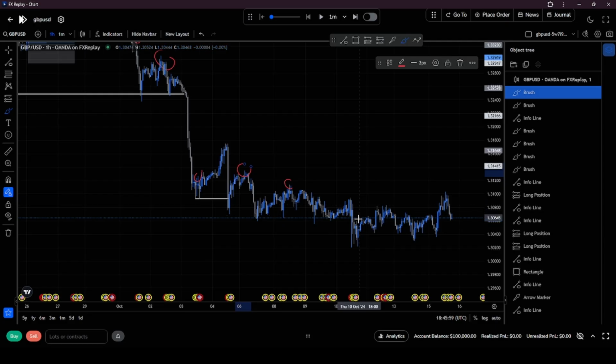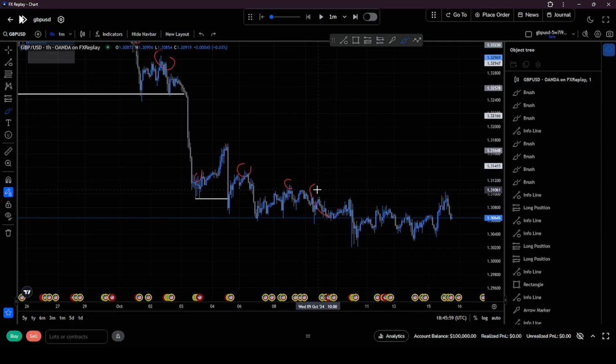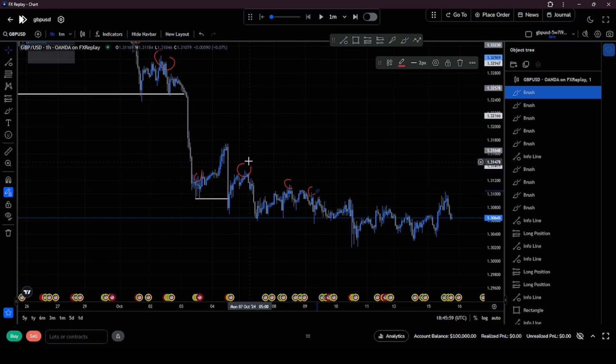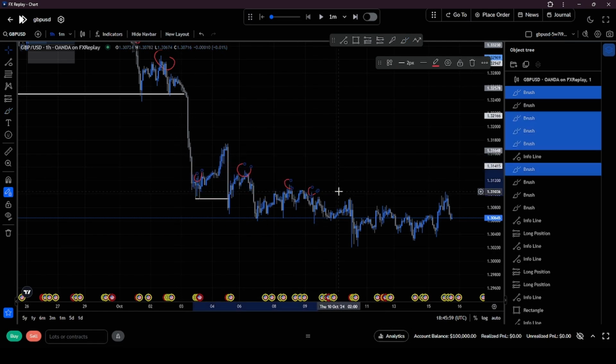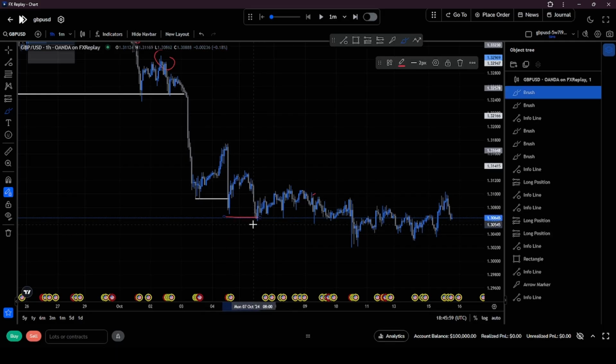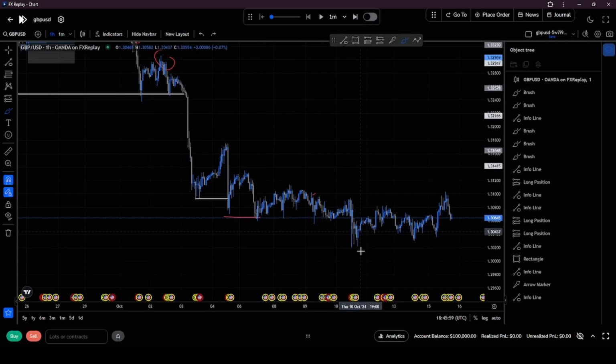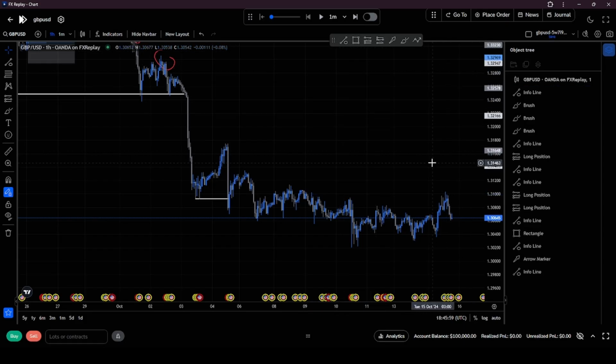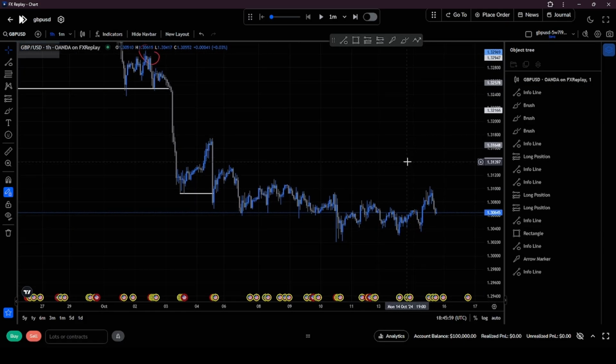All these pullbacks we have not swept. So this is not a break of structure. To me, this is not a break of structure. This is not a break of structure, until we sweep an inducement and then break. Then I'll call that a break of structure.